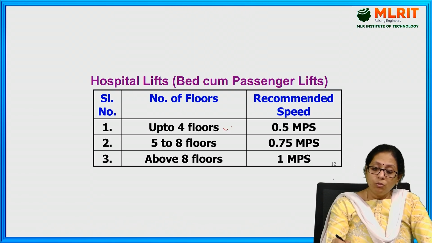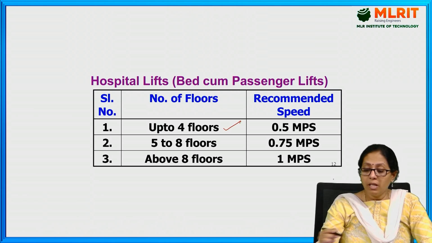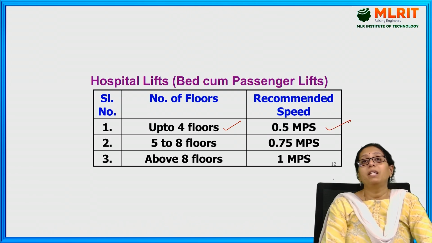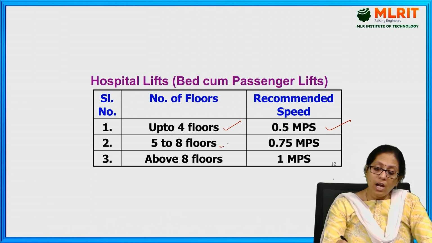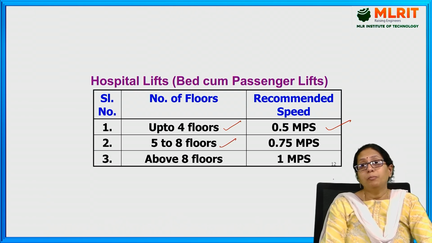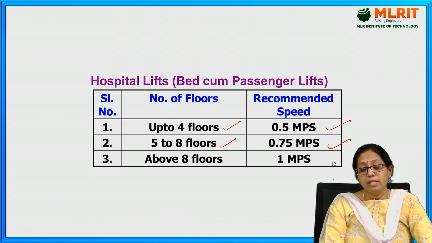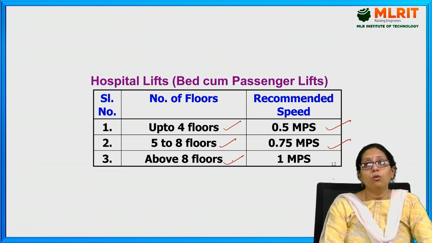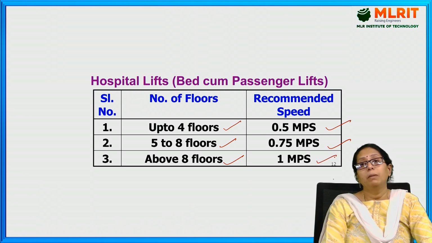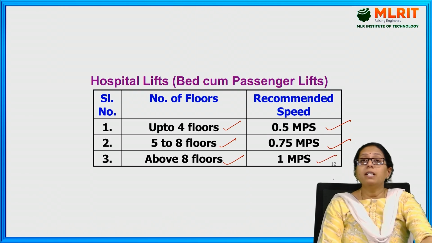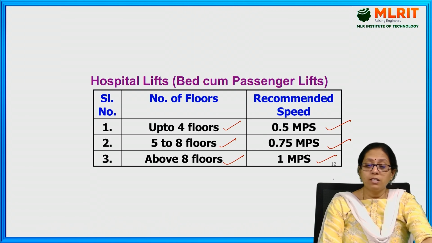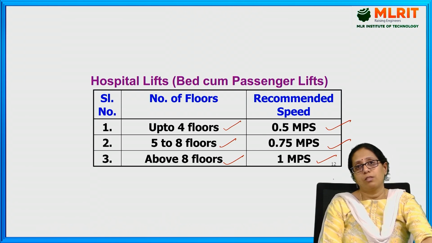Up to 4 floors, the recommended speed is 0.5 meters per second. For 5 to 8 floors of building, it is around 0.75 meters per second, and above 8 floors it is 1 meter per second. So these are the recommended speeds for different numbers of floors.